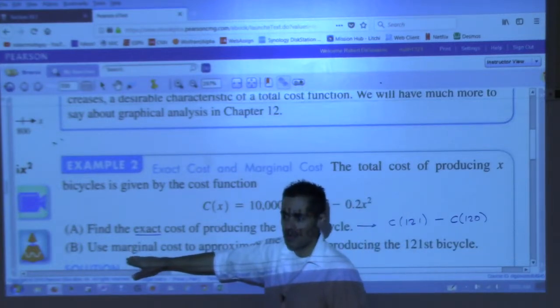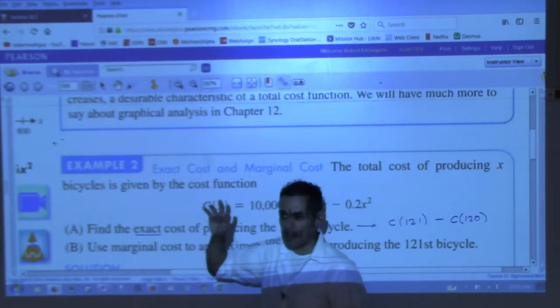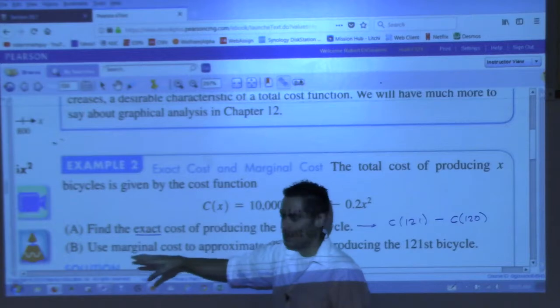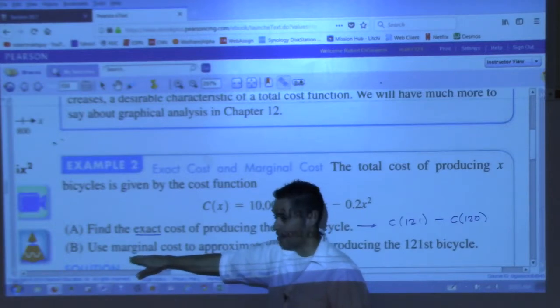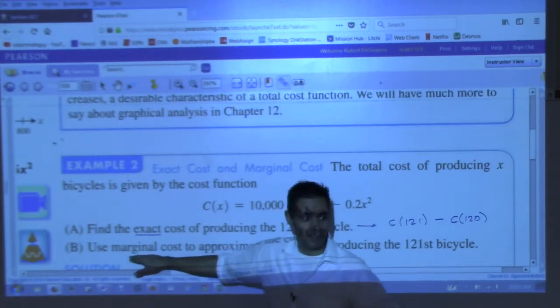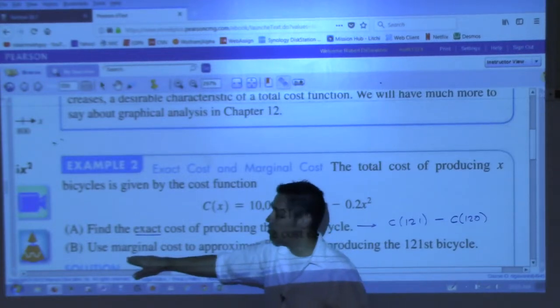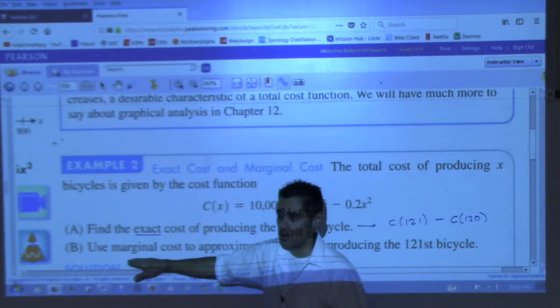When you see the word marginal, you're going to be thinking marginal cost? Yes, but I want marginal in your mind to set off like a light bulb, and I want you to think derivative, okay?